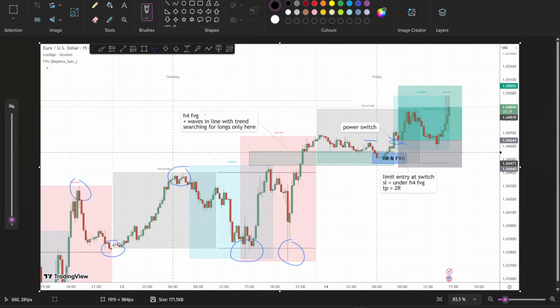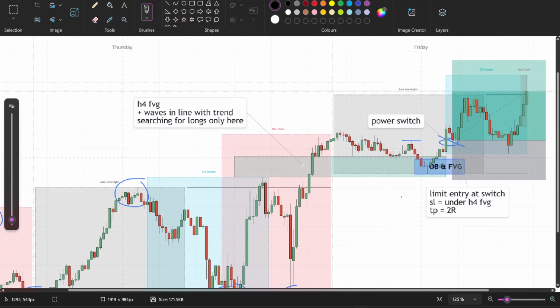We have H4 gap in price, this square here, in line with trend, meaning what I'm seeing on this chart, 15 minutes, is in line with H4, which is up. I'm looking for longs. I really want the H4 box to hold, and it did. And notice how it's formed beneath this, and we are inside, and also on top of this and through these here. I mean, very clean.